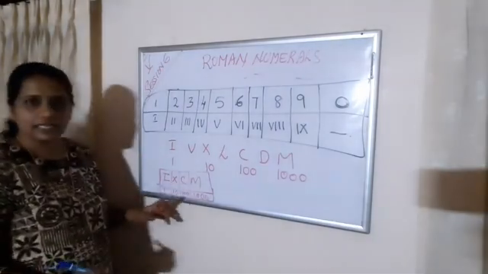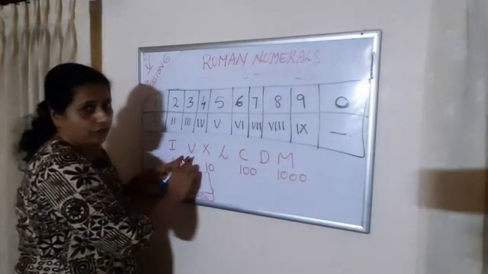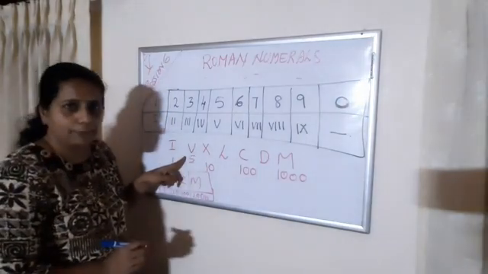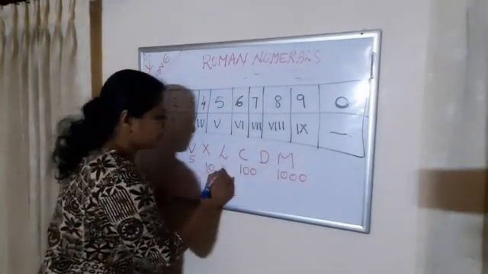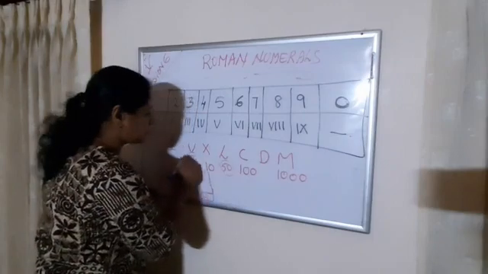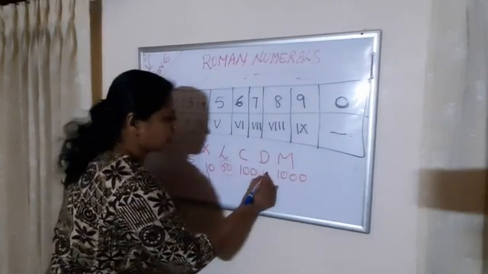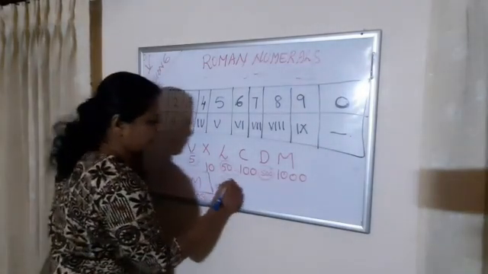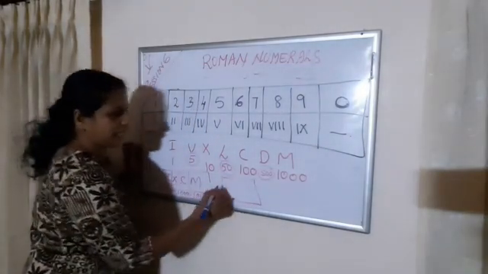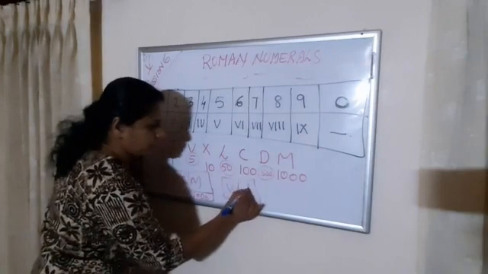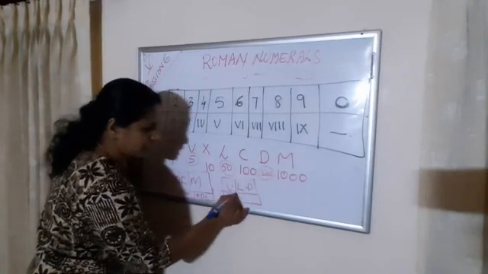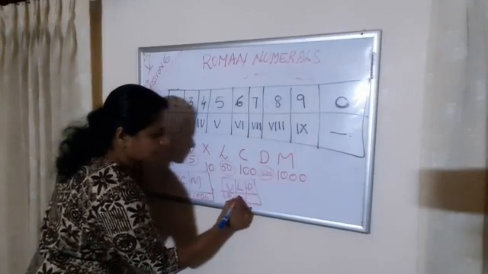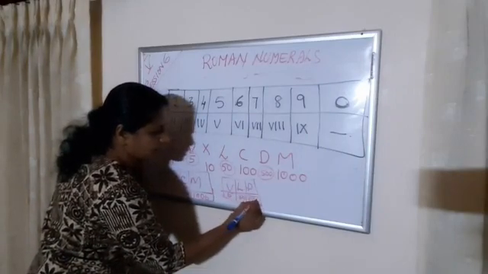Next one, 5. The symbol V denotes number 5. This one, L, is 50. And this one, D, is 500. Our next friend group is V, L, D, that is 5, 50, 500.